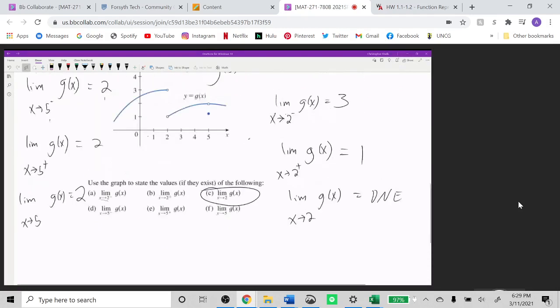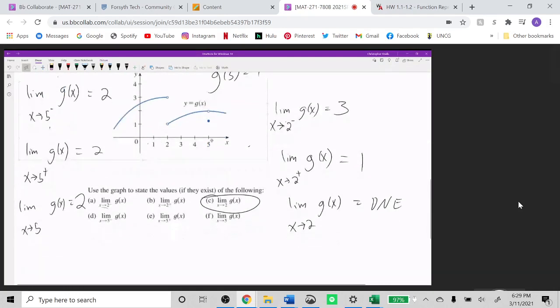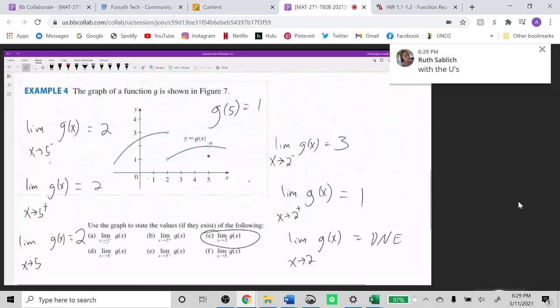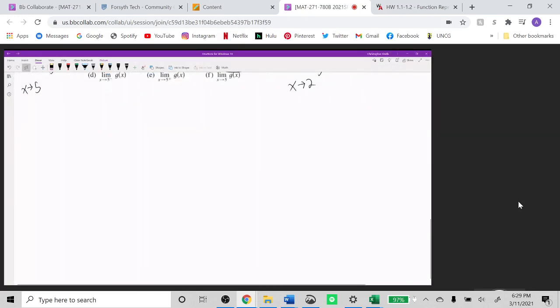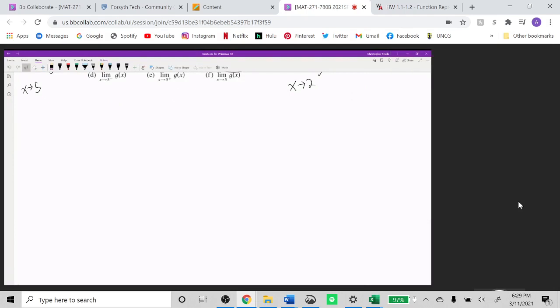What would this look like when graphed? What do you mean? This is the function graphed. So it would look like this. Let's see. So let's investigate how a limit can fail to exist.